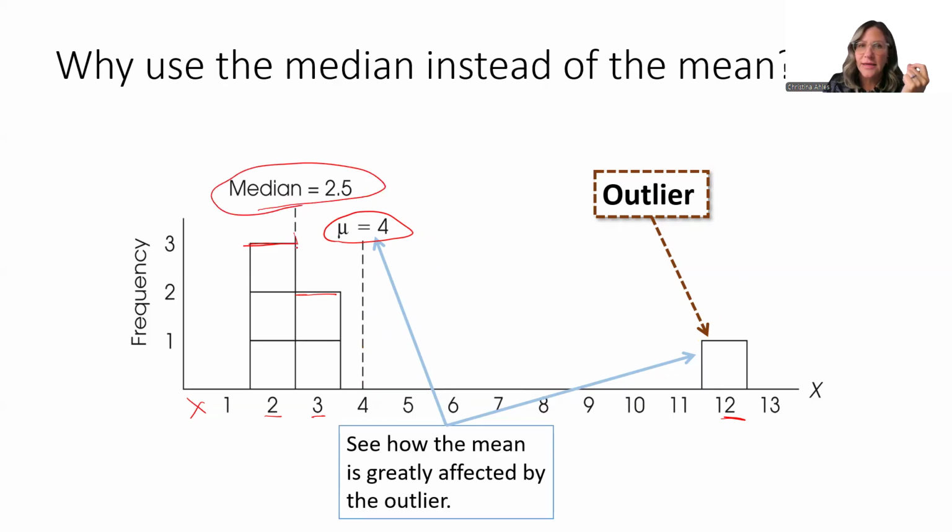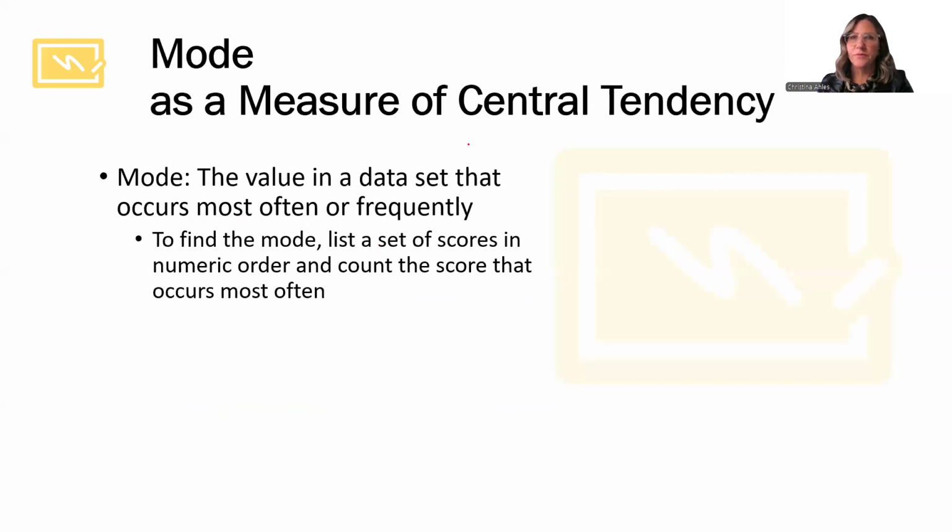That's where the peak is basically, much more representative than using the mean. So whenever you have outliers or your distribution is not balanced, you would want to use the median instead of the mean to report measures of central tendency, and we'll review some of that. So the last one is the mode.